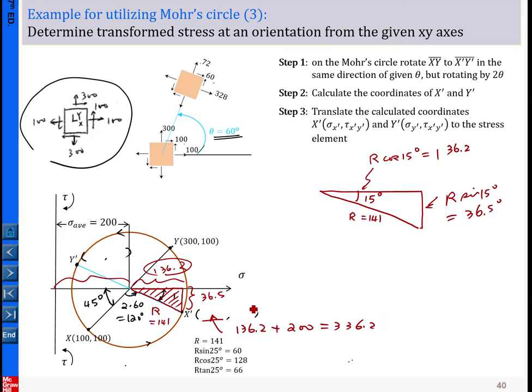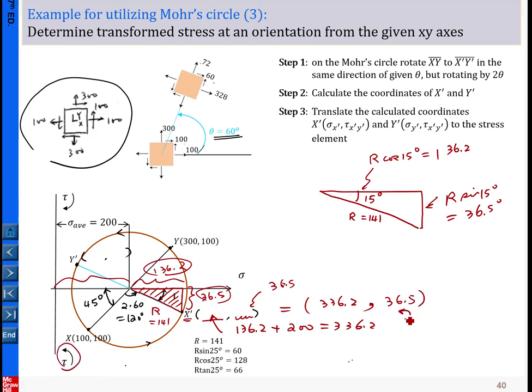And then the second coordinate is given by this one, 36.5, easy. Here x prime seems to be located in the lower quadrant. So let me rewrite this: 336.2 and 36.5, and the second coordinate has this kind of sign.